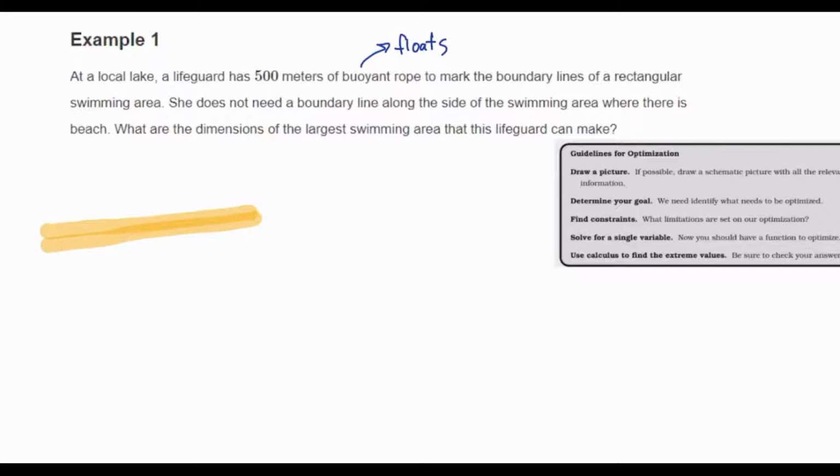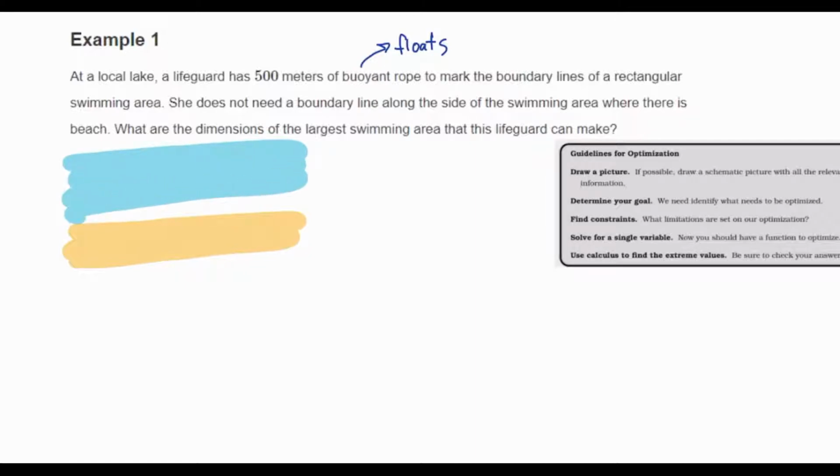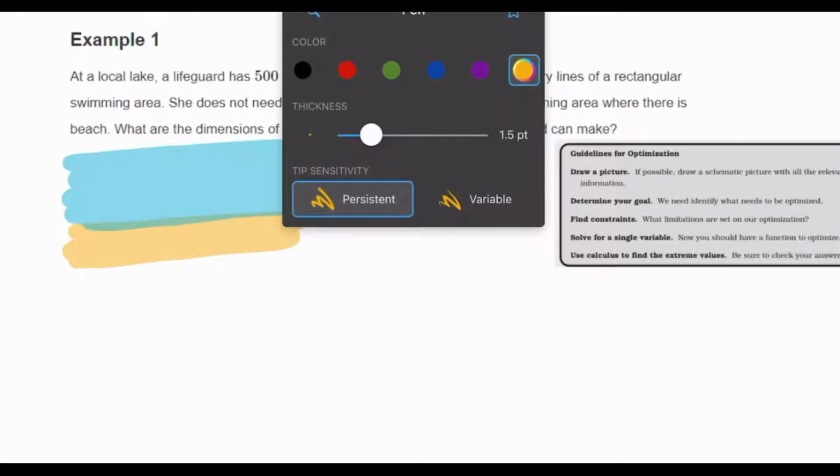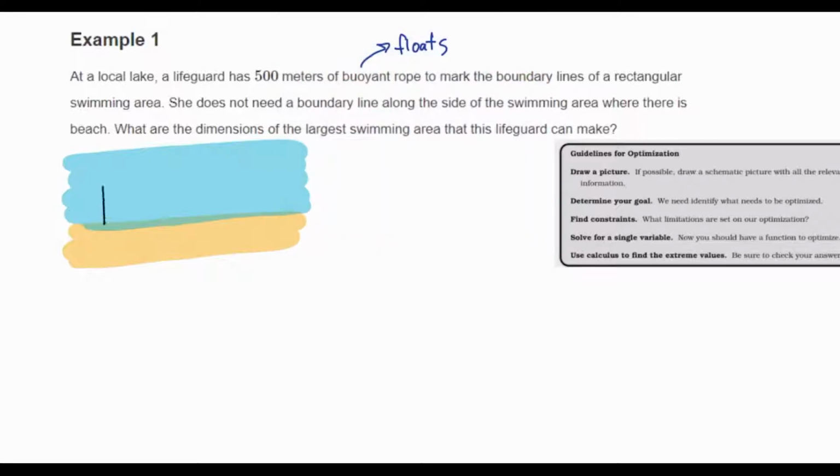This is the sand on our beach. And then we're going to have our water. And we are going to have a rope going out into the water. So the rope is going to go out, and that forms our rectangle.